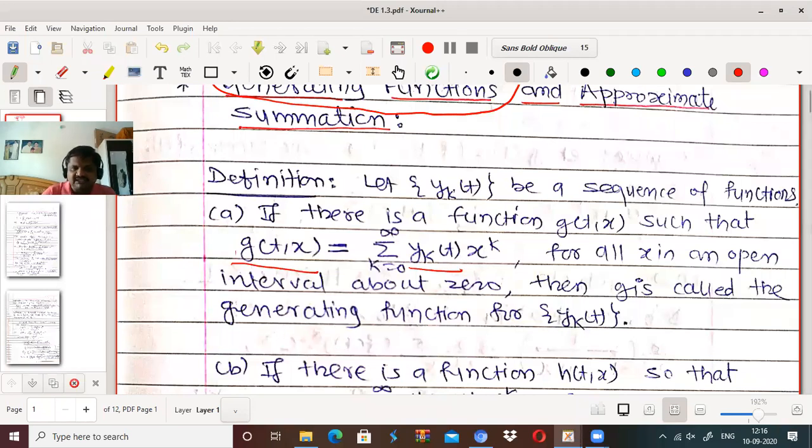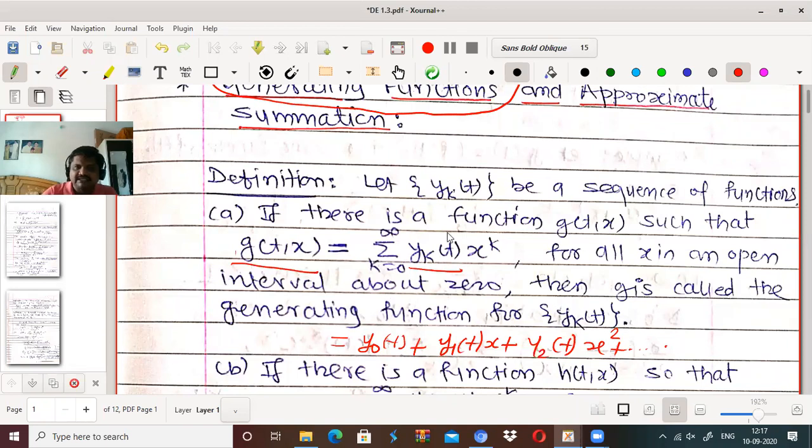That means this summation is y_0(t) plus y_1(t) into x plus y_2(t) into x square and so on. So if g(t,x) can be expressed as y_0(t) plus y_1(t)x plus y_2(t)x square plus so on, that is a power series in x about x equal to 0.